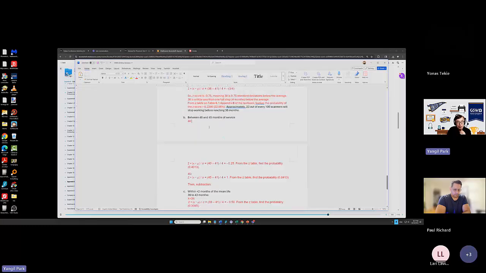Part B is between 40 and 45. So all you do is find the Z score for 40 using the Z formula, find the probability, which in this case is 40%, and find again the Z score for 45, which comes out as 84%. Then you subtract.